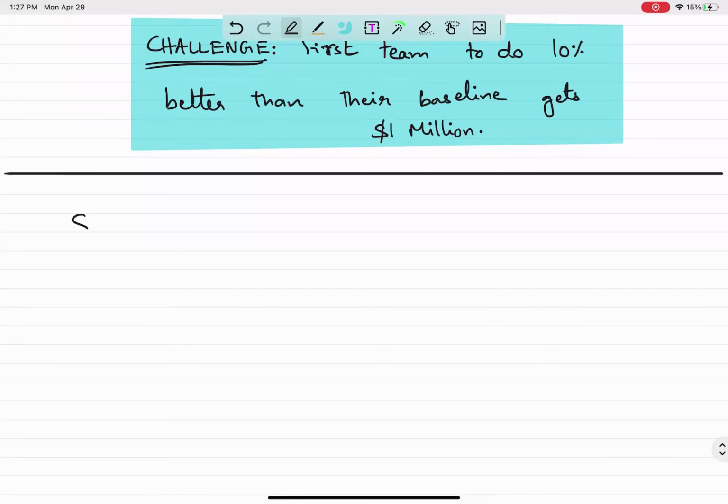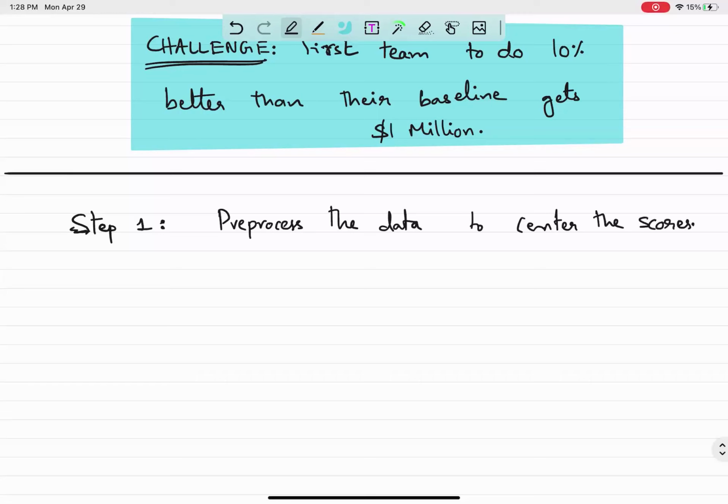So if you're asked to solve this problem, the first step would be to do some data cleanup, right? So let's pre-process the data to center the scores.